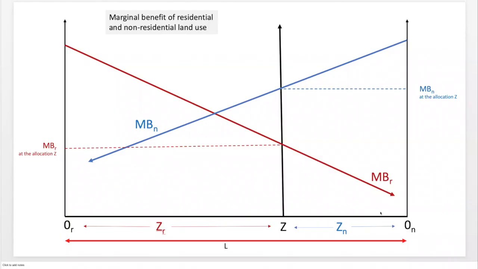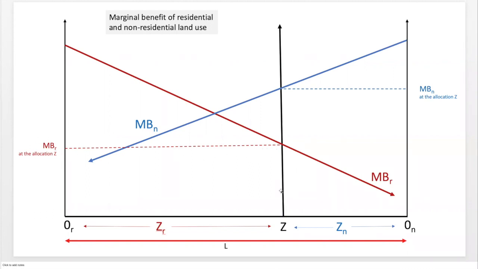At this allocation Z, by making reference to the marginal benefit curve for residential land, we can see that the marginal benefit for residential land at the allocation Z is given by this value, which is marginal benefit R for residential.